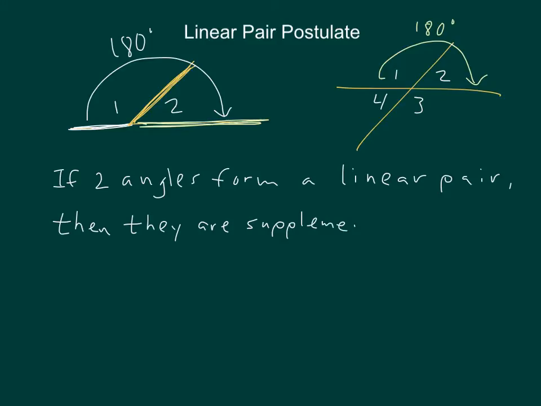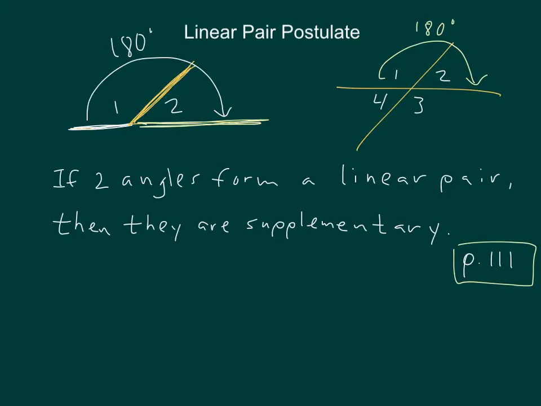And supplementary means they add up to 180. You'll see this proof box in the text on page 111. It'll be in a green proof box.